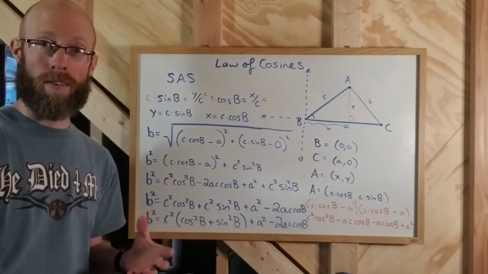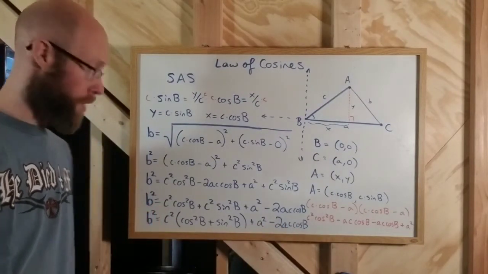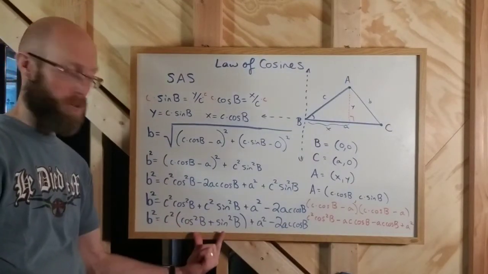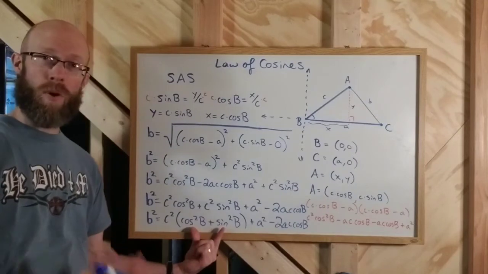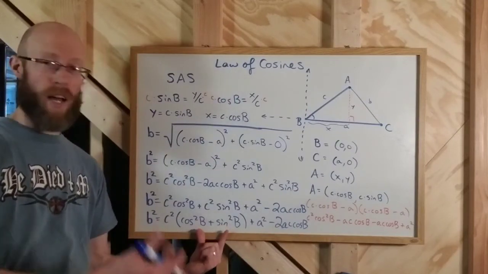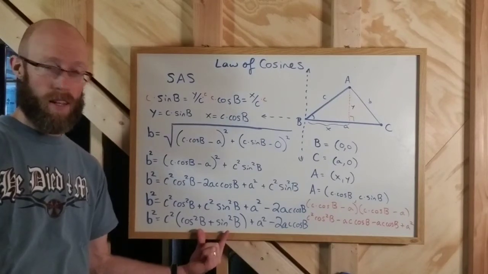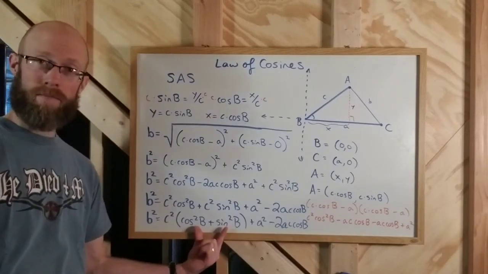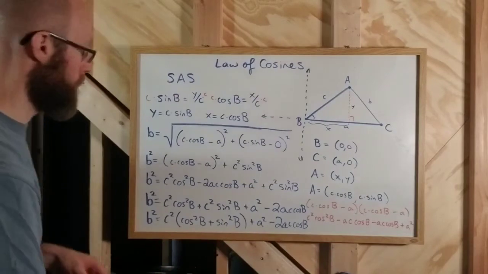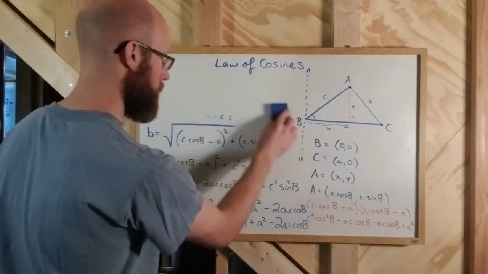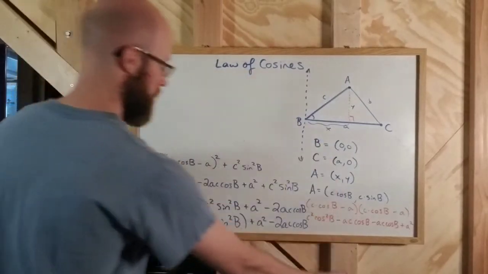That's long. But here's the cool part. By factoring out the c squared from these two terms, cosine squared of something plus the sine squared of the same thing is equal to 1. That's a Pythagorean identity. So that expression is really just equal to 1. So let me get rid of a little bit of this stuff.